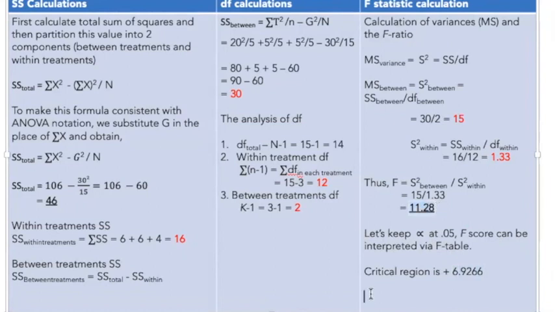So 11.28 is significantly away from plus 6.92. So you have to accept the alternative hypothesis. The alternative hypothesis says that there are significant differences between three groups. A t-test would say between two groups; this says between three groups.